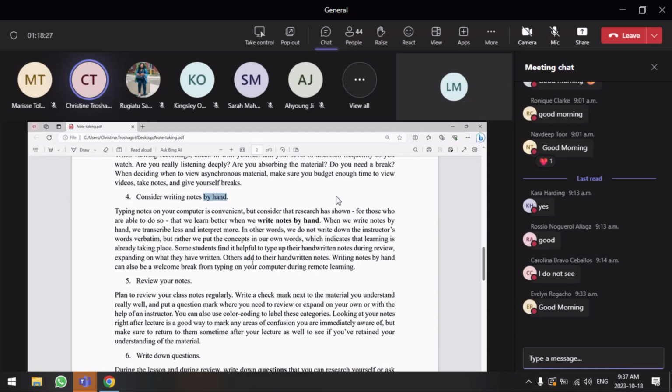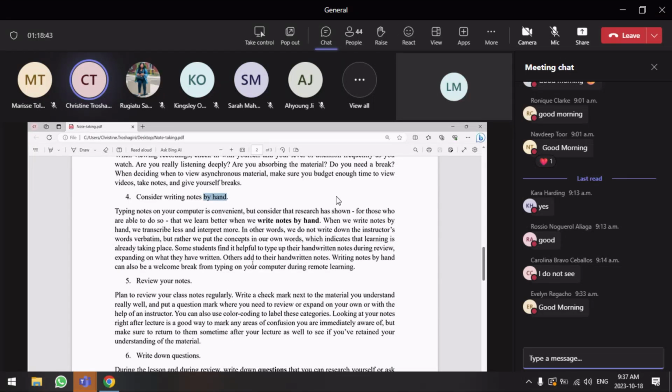This is very important. Although technology is improving, some students might find it easier to take notes on their computers, typing as the instructor is talking.